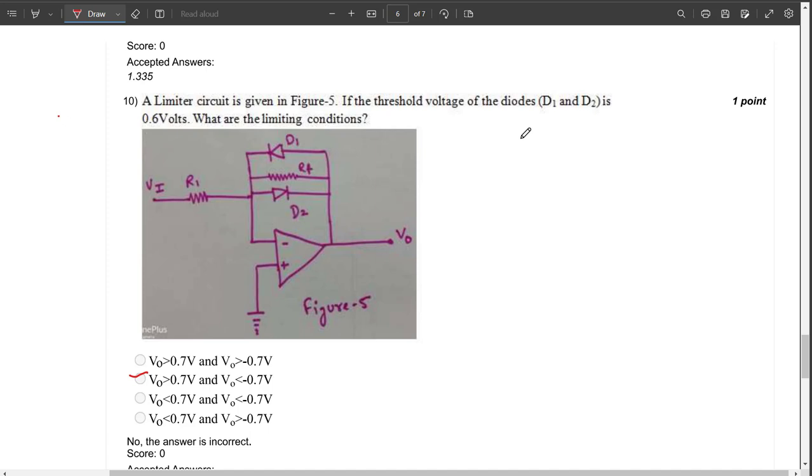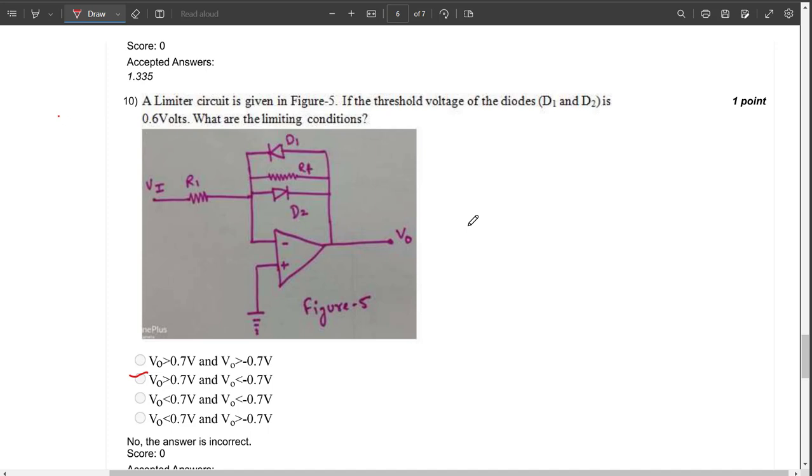Okay. And then here the voltage at the negative terminal, let us take it as Vn, is always 0. So now what are you getting? What are the limiting conditions? And first, what does limiting condition mean?